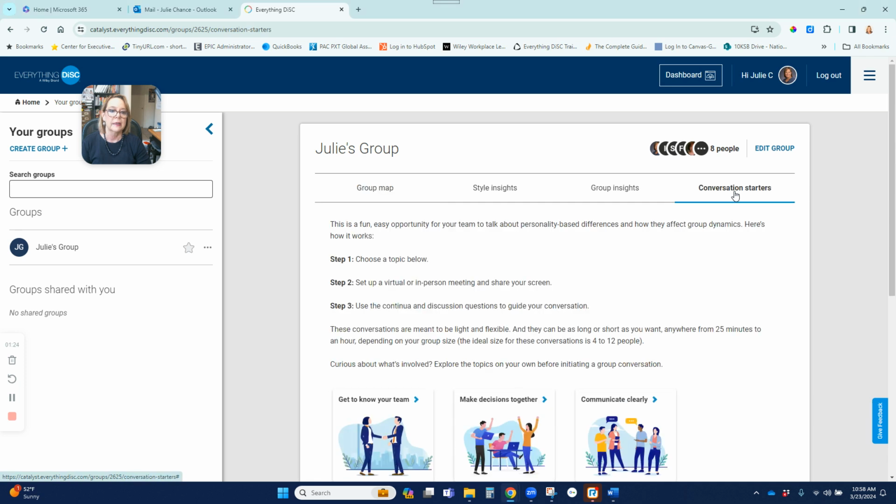within groups. And conversation starters is really designed for leaders and their teams who have been through Catalyst to continue using DiSC in their day-to-day work to help integrate the concepts, and maybe to help when there's a situation where communications deteriorated a little bit, or maybe there's a new team member and you want everybody to get to know the team a little bit better.